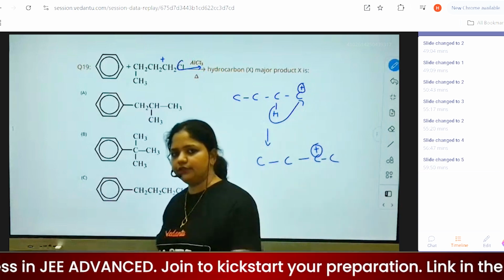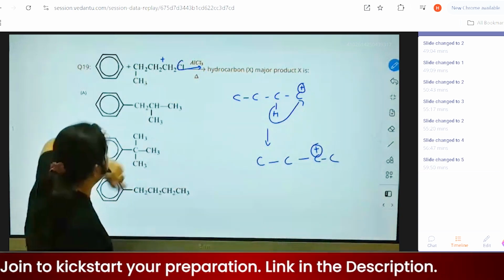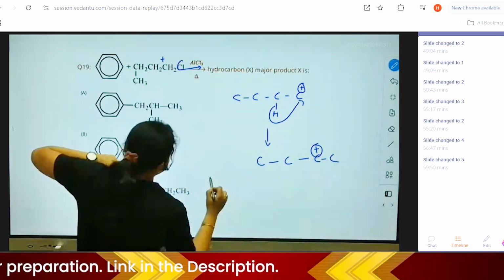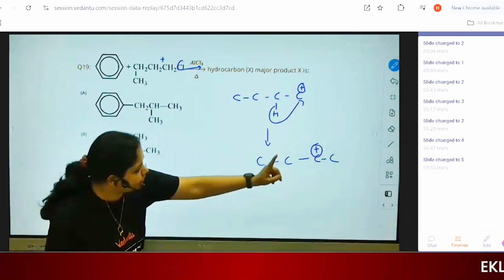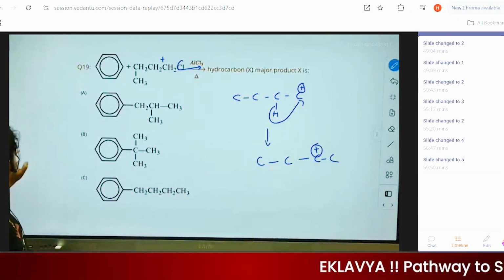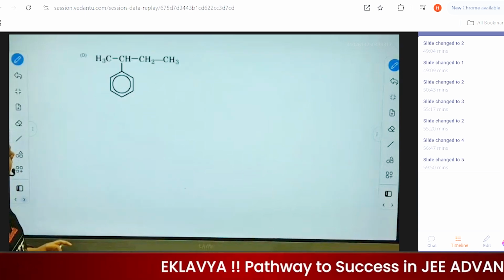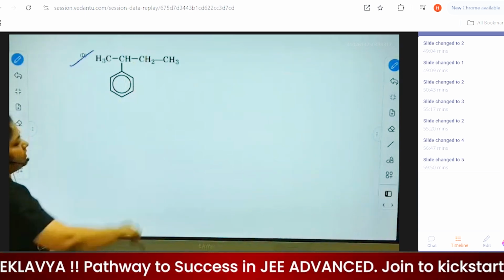So that positive will go and attach onto the benzene ring. So how to write it? Benzene ring is there. What is attached? This carbon. So methyl ethyl, not this, not this, not this. Yes, this is the answer.